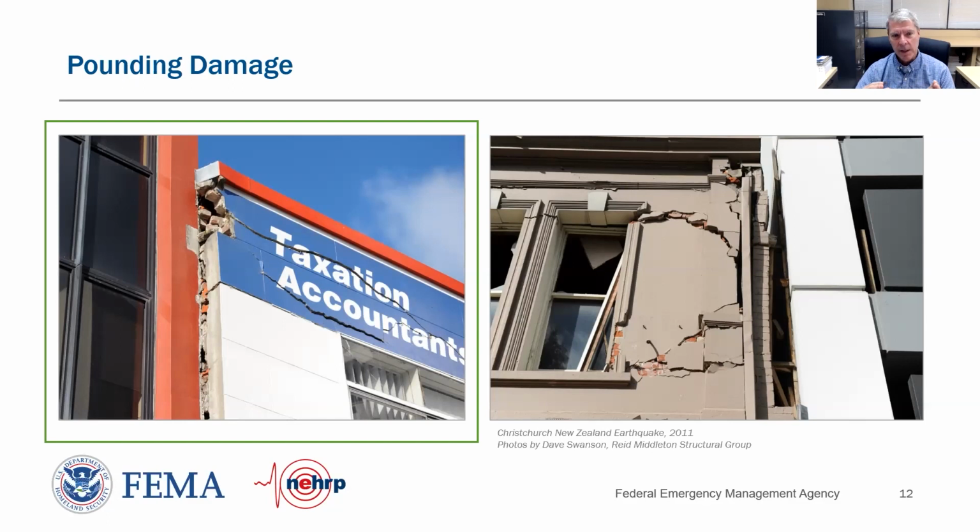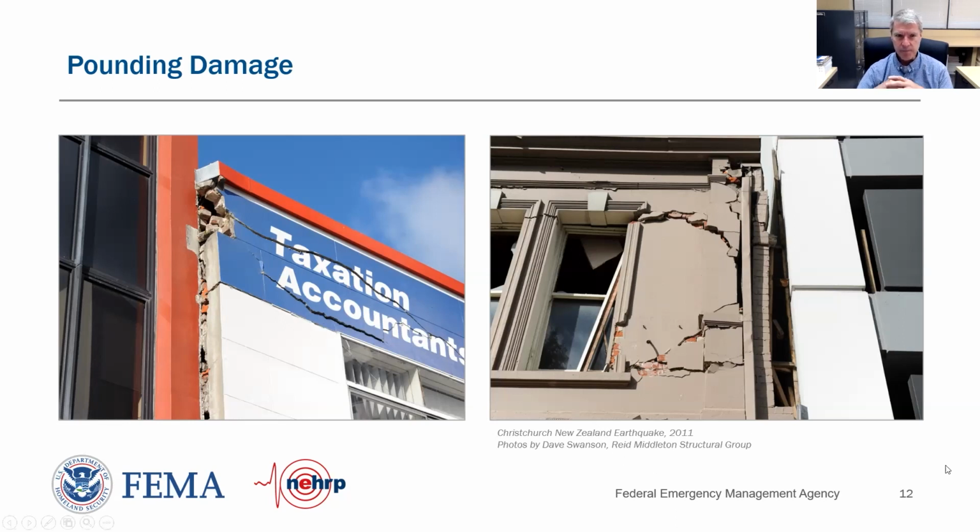And what you're looking at is some cracks at the top of the shorter building as the taller building tries to deflect or displace across the shorter building, which generally is stiffer. And so it's really treating that roof of the shorter building as the ground. And so it's pounding, and cracks are evident in the block that's there at the roof section.